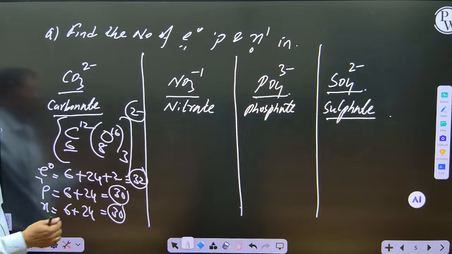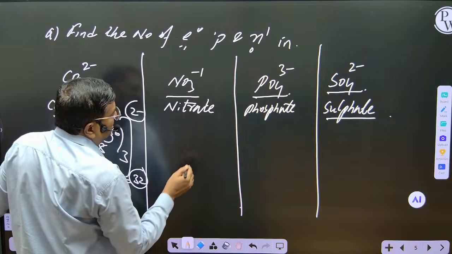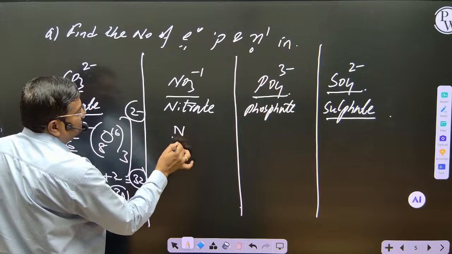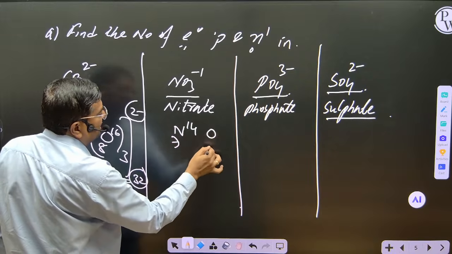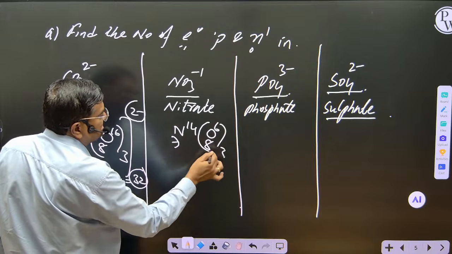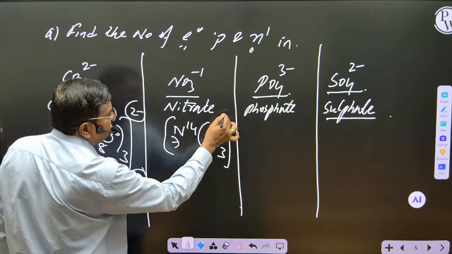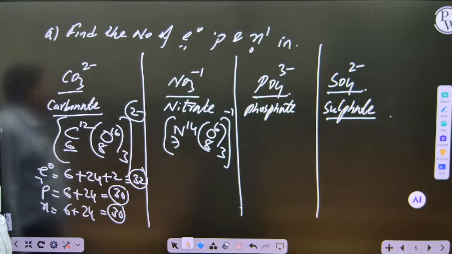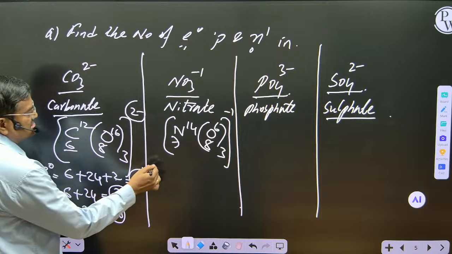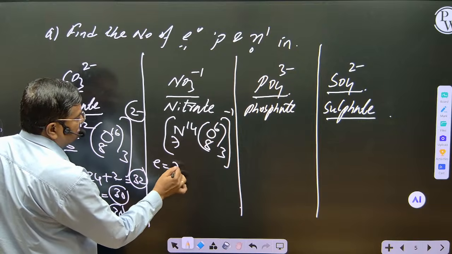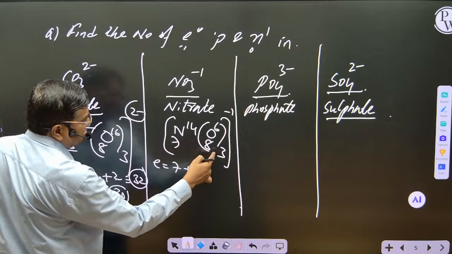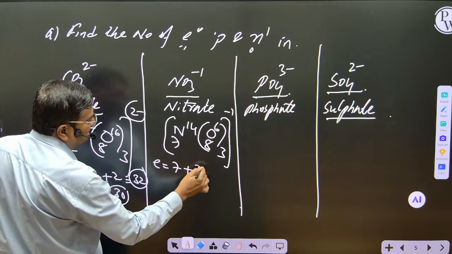Now find out in nitrate ion. Similar way, N 7, 14. O 8, 16 taken thrice. On the total, what is the charge it is bearing? Minus 1. Understood. Now electrons comes how many students? 7 from nitrogen. 3 8s are 24. Gained 1, 25.